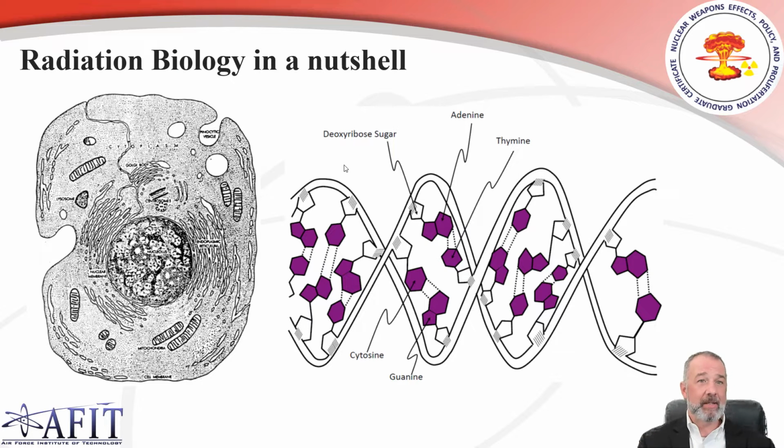Now, I said I would come back to direct and indirect, well, mostly indirect, when talking about the effects of ionizing radiation on a cell. So I'm going to grab my little pen here. What we can see is, imagine that most of this area is a whole lot of water. Now imagine that we have an incident gamma ray.